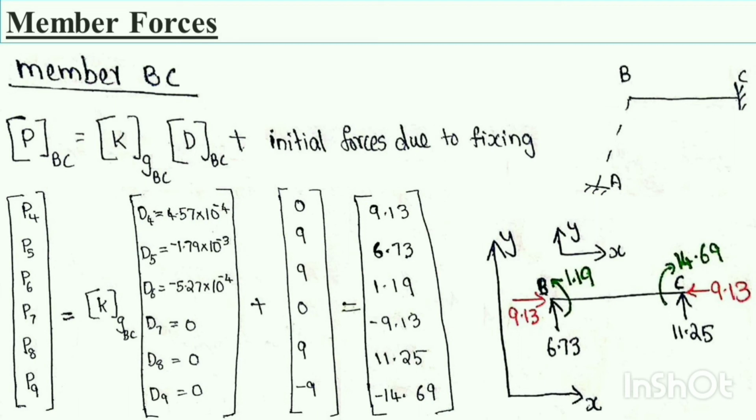After multiplying and adding these matrices you will get the forces as 9.13, 6.73, 1.19, minus 9.13, 11.25 and minus 14.69. In the figure you can see these forces marked in the global xyz direction.